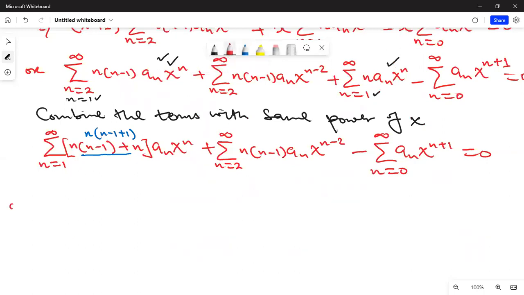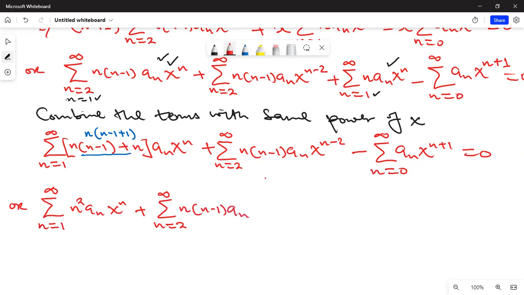So I could write this as the sum from n is equals to 1 to infinity of n squared a sub n x raised to n plus the sum from n is equals to 2 to infinity n minus 1 a sub n x raised to n minus 2 minus the sum from n is equals to 0 to infinity a subscript n x raised to n plus 1 is equals to 0.